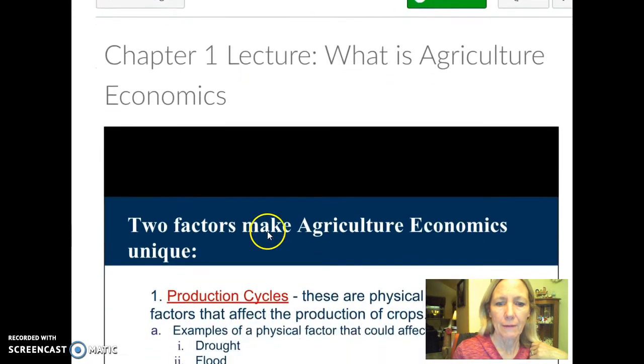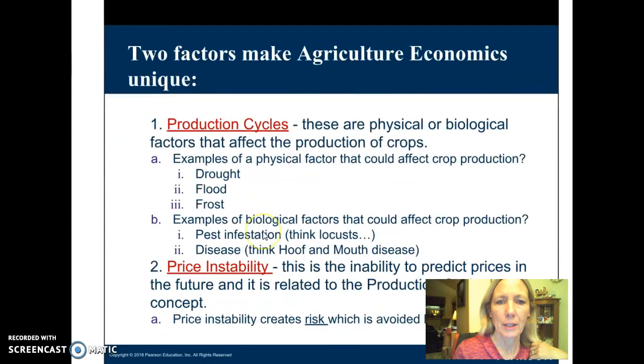Made that up myself. Okay, real quick here, we're going to talk about the reason why agricultural economics is unique. Two things. You're going to remember these because they're going to come into play later on. They're on your midterm. Two factors make agricultural economics unique. Production cycles, which are physical factors that affect the production of crops.